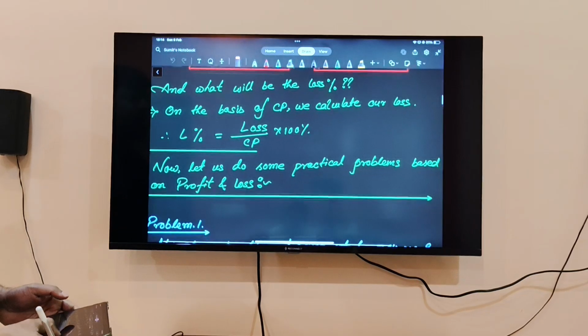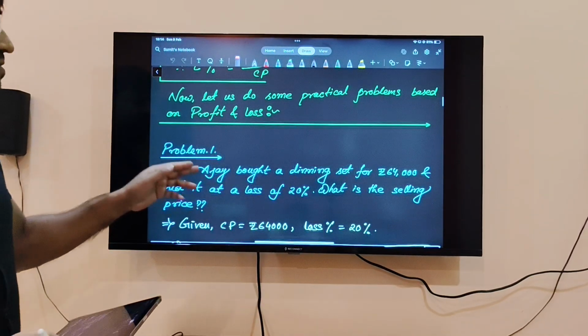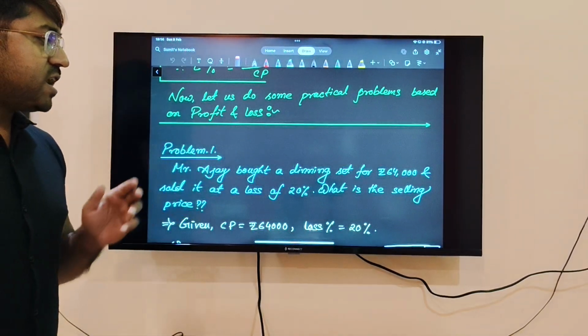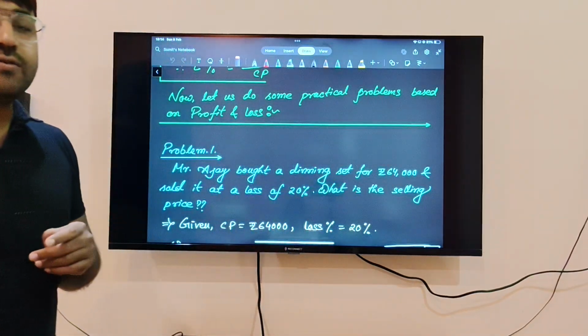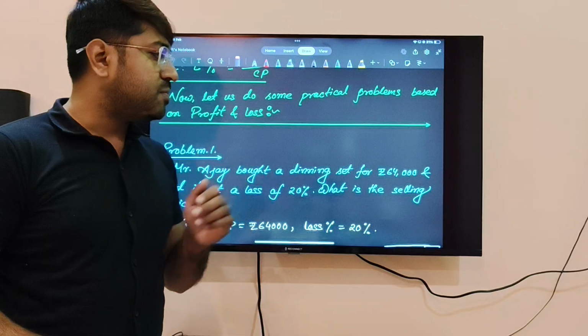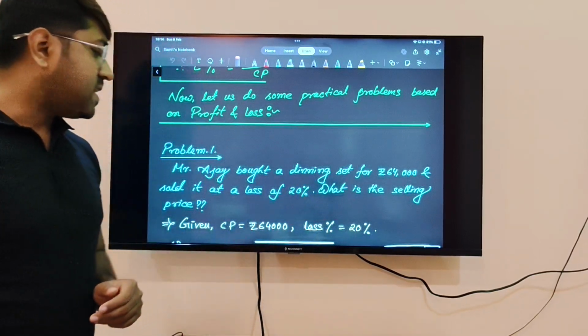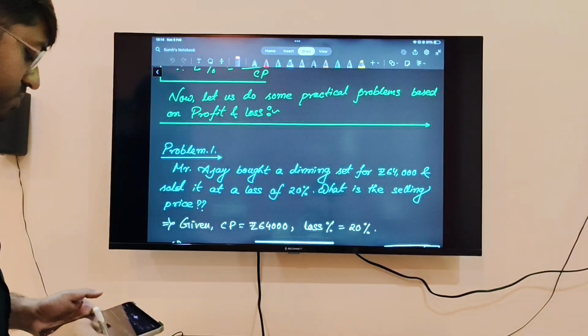Okay. Now let us do some practical problems based on that. What is given? Mr. Ajay bought a dining set for rupees 64,000 and sold it at a loss of 20%. What is the selling price? So we will go by the normal concept.